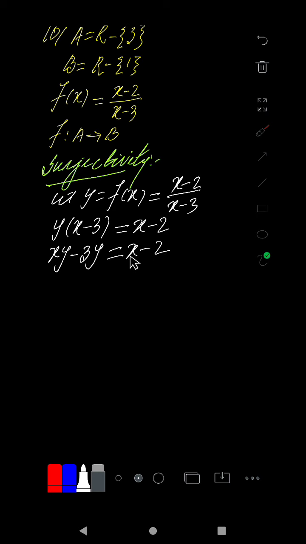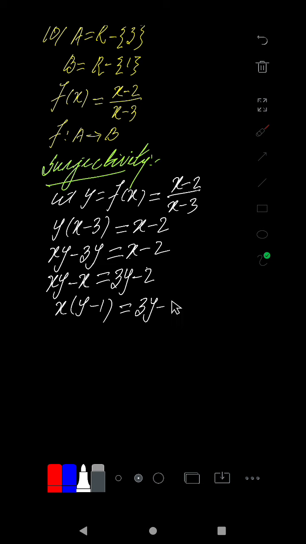Now transpose x to the left hand side and this term minus 3y to the right hand side. We have xy minus x is equal to 3y becomes positive on transposition to the right hand side, minus 2 as it is. Now taking x common out of these two terms, we have x(y minus 1) is equal to 3y minus 2.